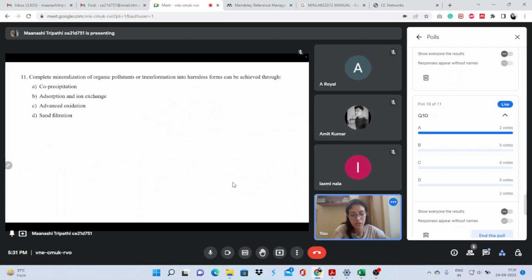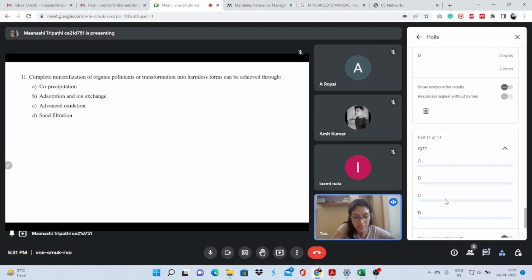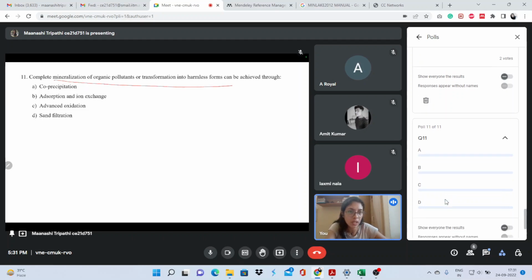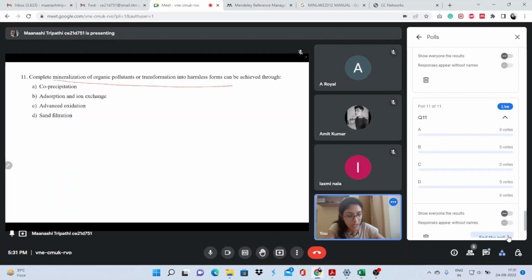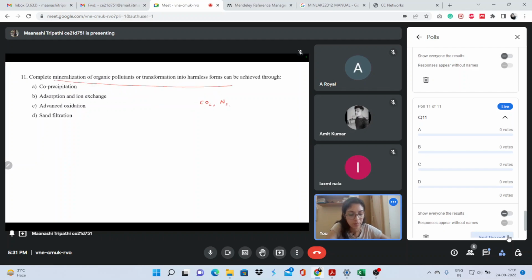Moving towards the next question. Complete mineralization of organic pollutant or transformation into harmless form can be achieved through which method? What are these harmless forms? We want to convert all these pollutants into CO2, N2, H2O.